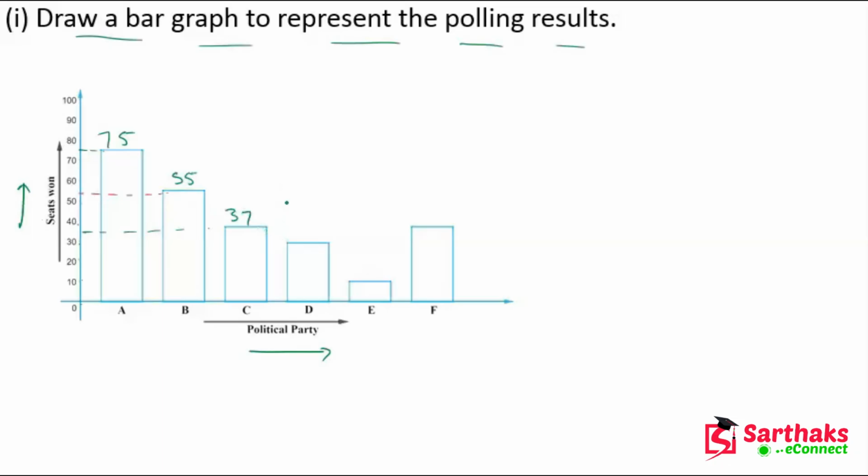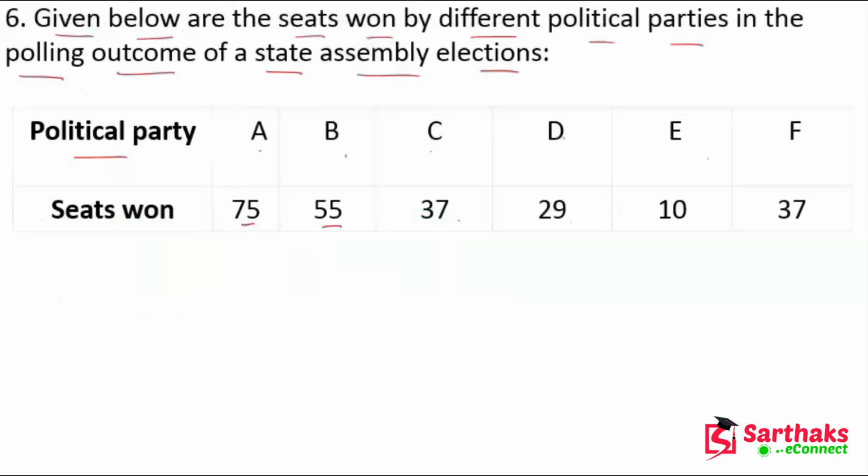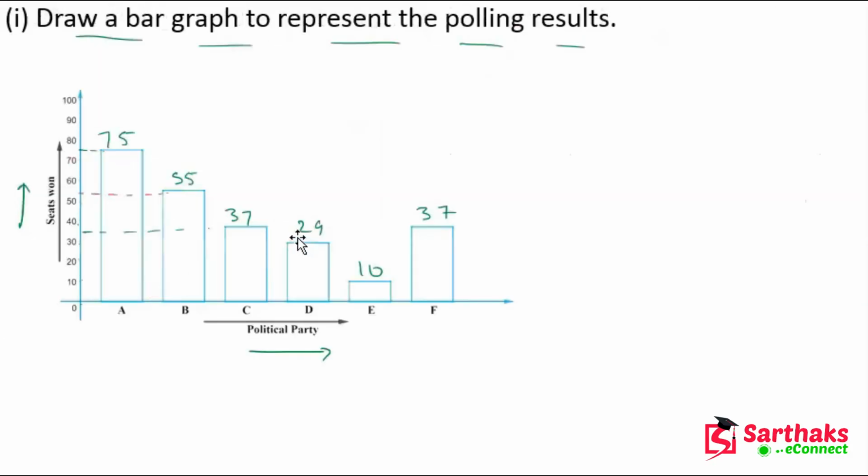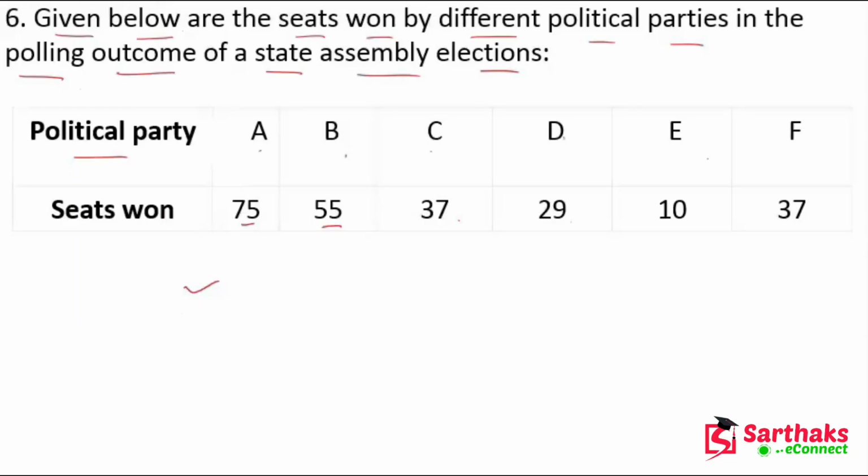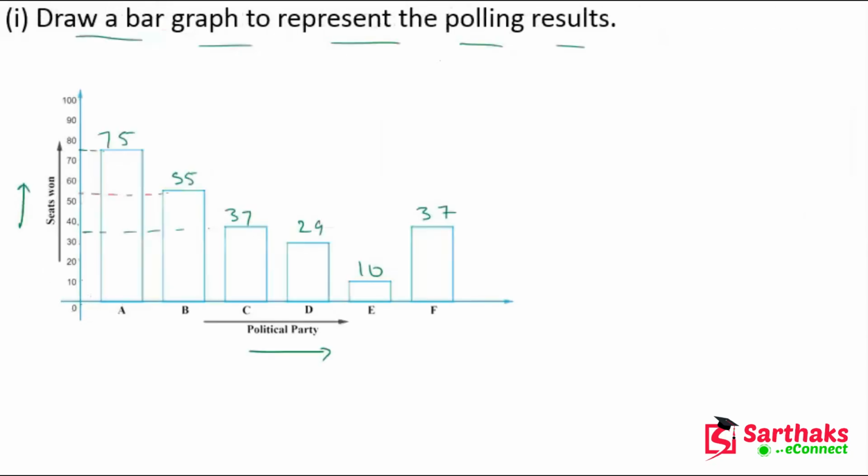Similarly, this is 29, this is 10, and this is 37. So this is the bar graph which represents this data. We can observe this data very easily with the help of the bar graph.